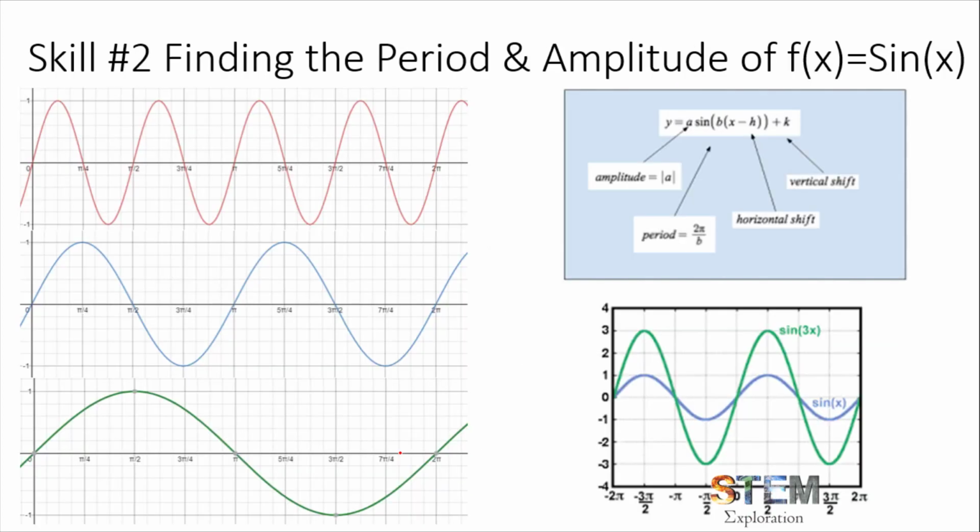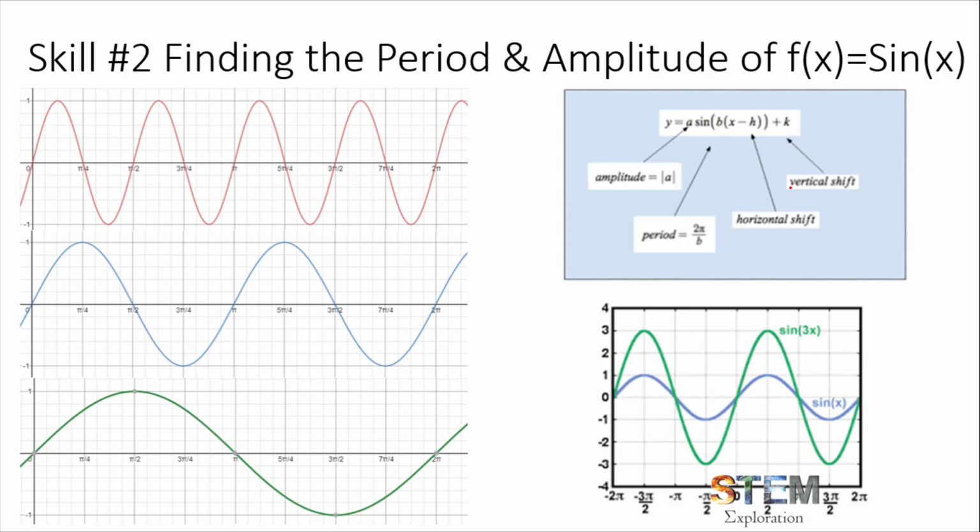So with some of that knowledge, you have a basic idea of what a basic sine function does. And now what I want to look at a little bit is how we determine the period or amplitude of a function. One of the basic things we see with a sine function is y equals a sine of bx.